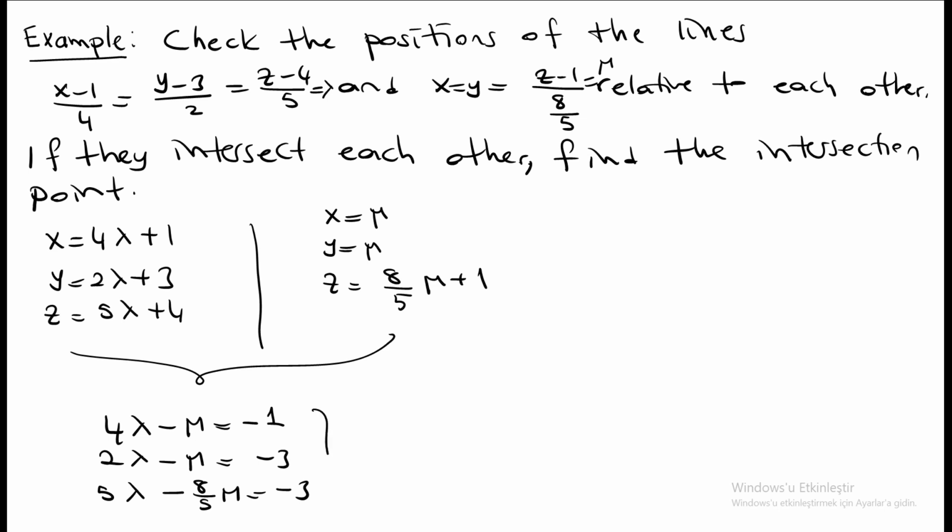Okay, so consider again the first two equations. Mu equals −1 and 2 times lambda minus mu equals −3.